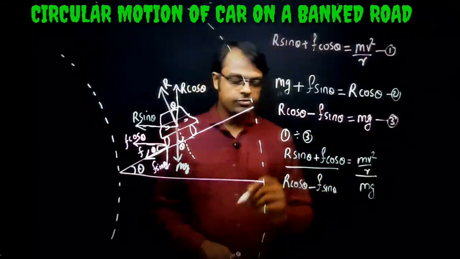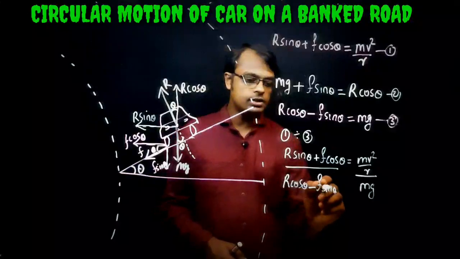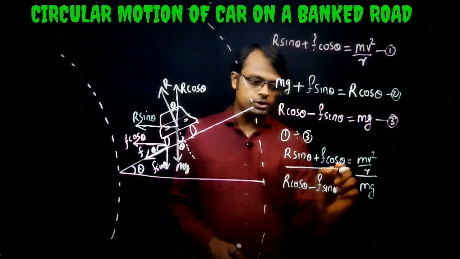R sin theta plus F cos theta, which is equal to mv square by r, divided by R cos theta minus F sin theta, which is equal to mg.